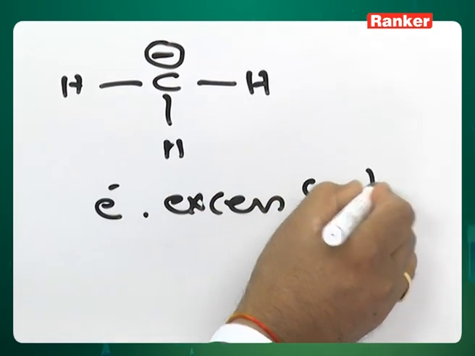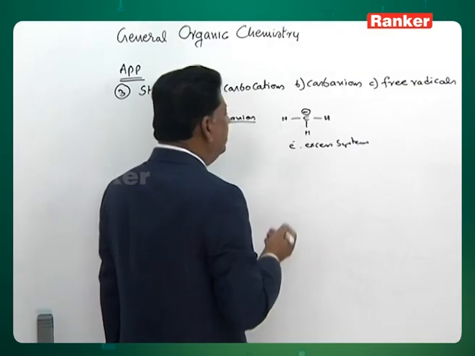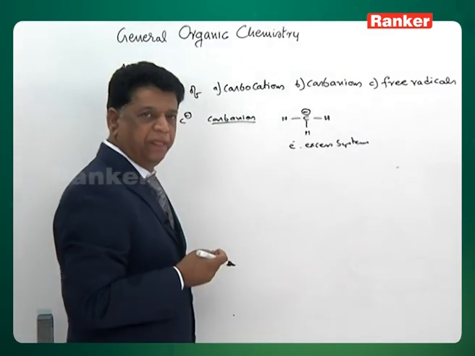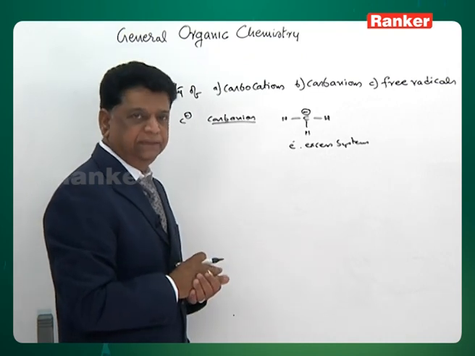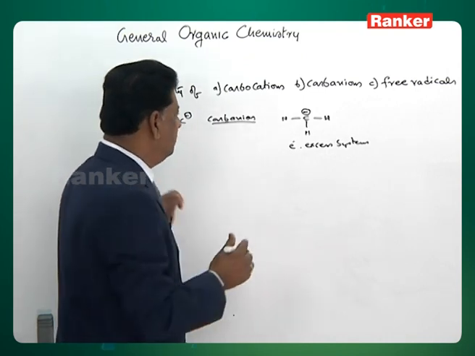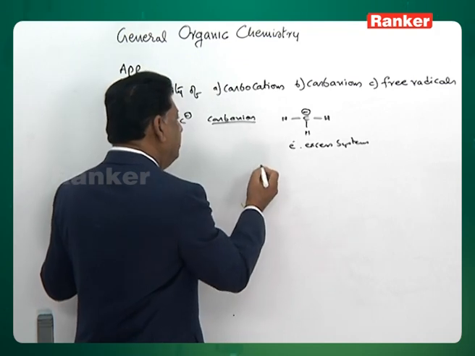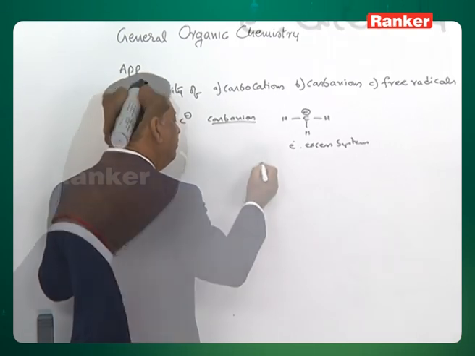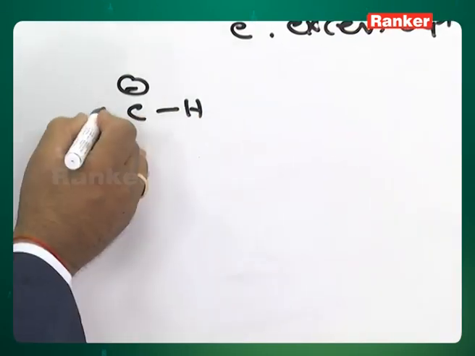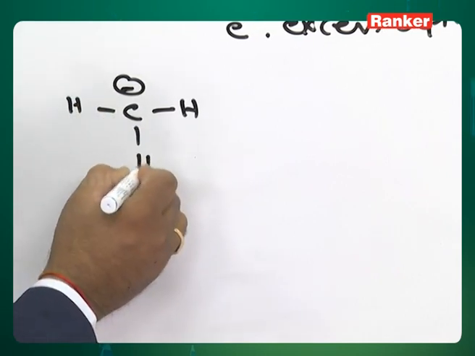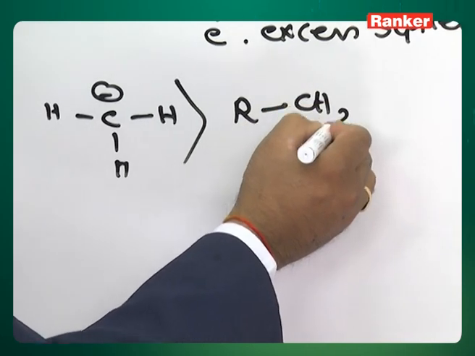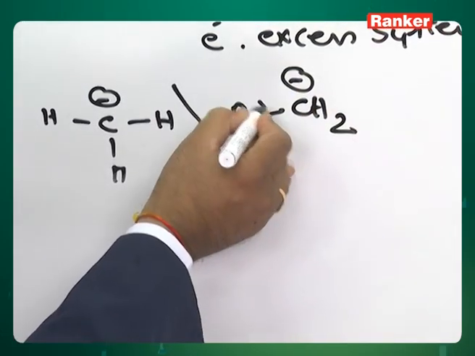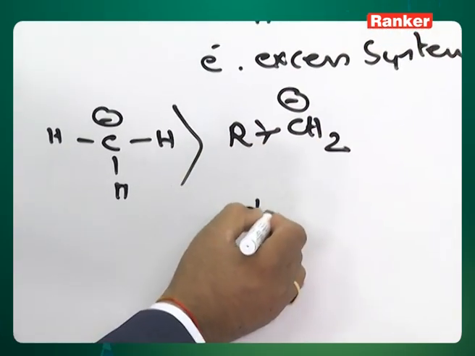Whenever electron excess is there, we should have withdrawing groups. Instead of withdrawing, if you have alkyl groups, which are donating systems, they are destabilized. So the carbon with minus charge without alkyl groups is more stable. When an alkyl group is attached to the system, it is less stable because it is destabilized.